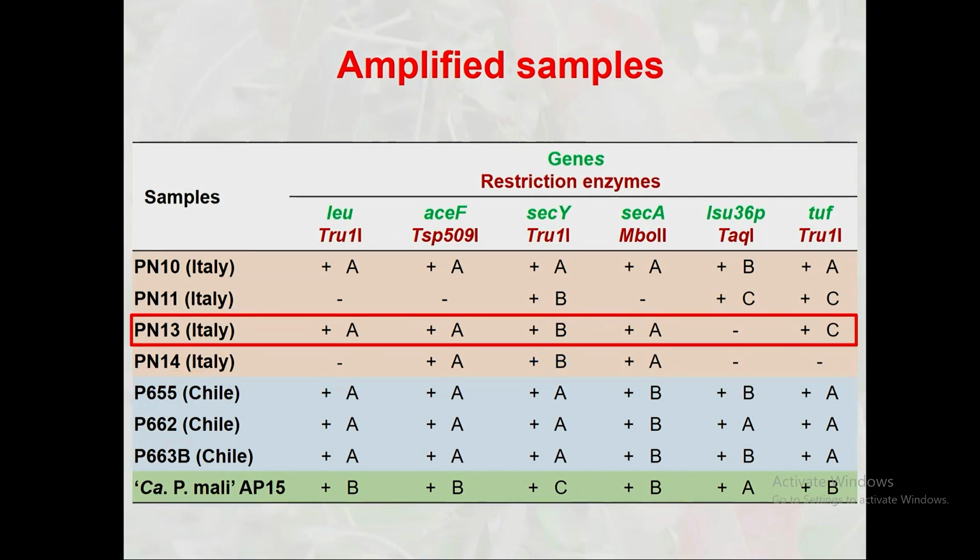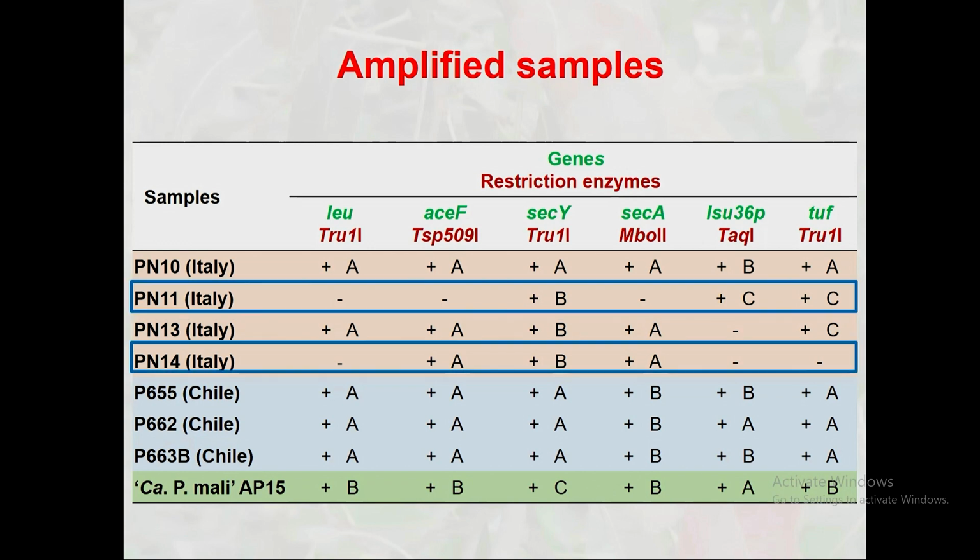Then only PN13 we can amplify 5 genes out of 7, and finally with PN11 and PN14 from Italy we obtain 3 amplicons out of 6 used in this case.